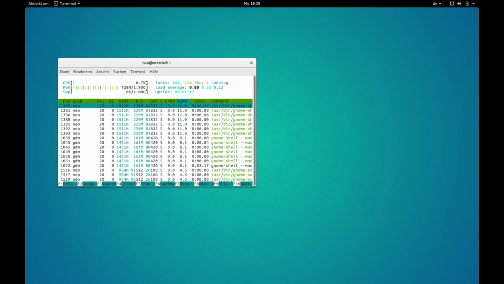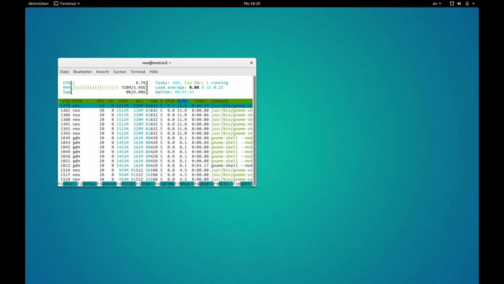Ubuntu Gnome was the biggest boy in town. It comes with Gnome Shell 3.18 and a memory usage of 728 megabytes. The Gnome shell is based on GTK3. Ubuntu Gnome needs the most memory of the tested distributions, but it feels like the most responsive GTK3 distribution in VirtualBox.